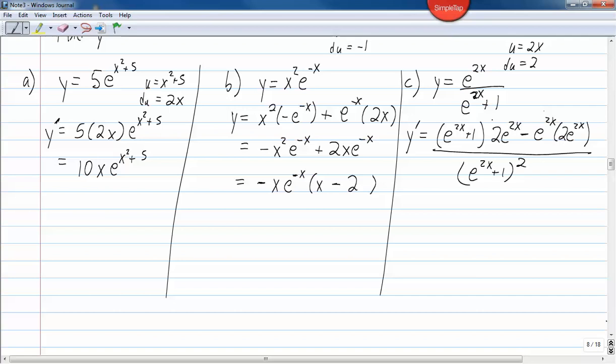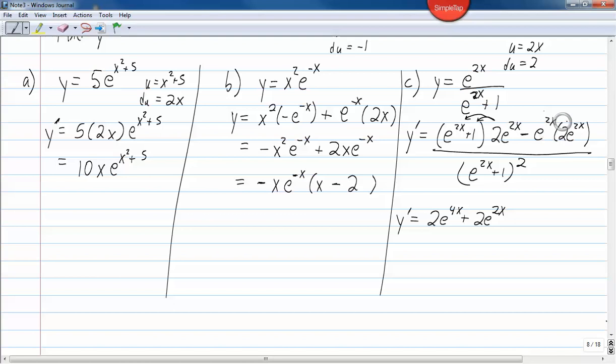Alright, so I need to multiply out my numerator so I can simplify. Multiply out things like I should. Now when you multiply 2e to the 2x times e to the 2x, you have to add those powers. So it's going to be 2e to the 4x, then plus 2e to the 2x.